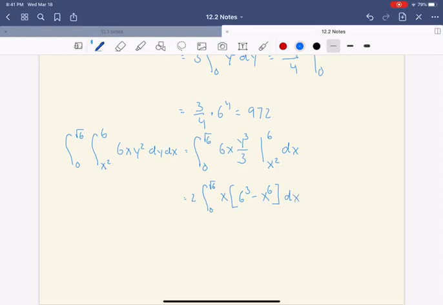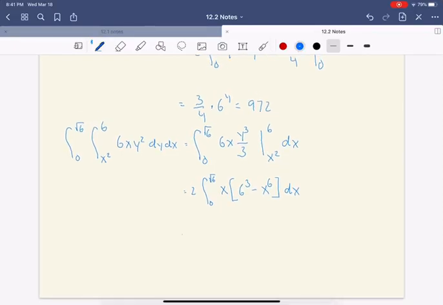6 cubed is 216. So we're going to have 2 times the integral from 0 to square root of 6 of 216x minus x to the 7th dx.